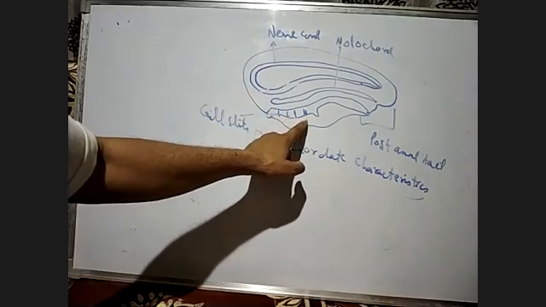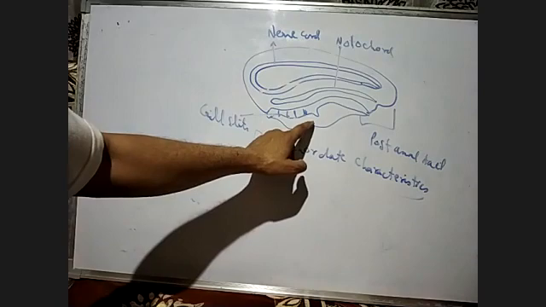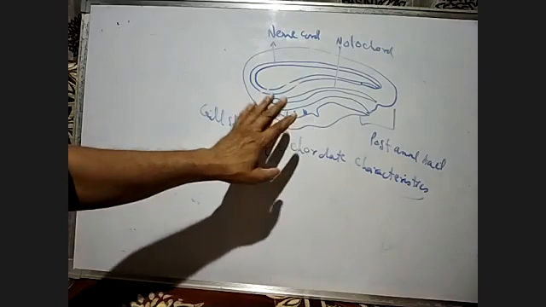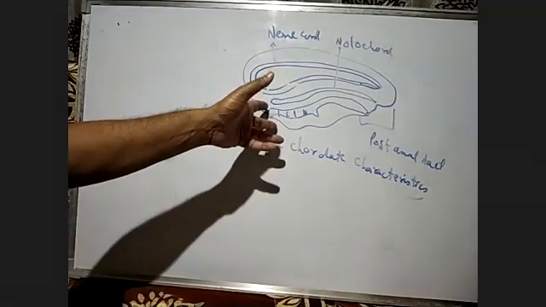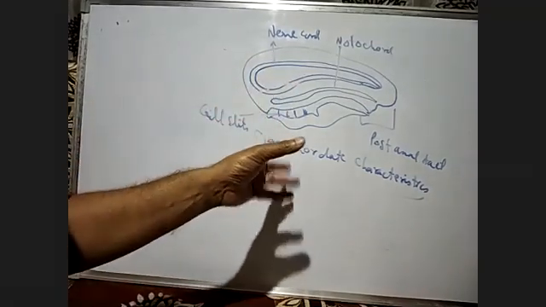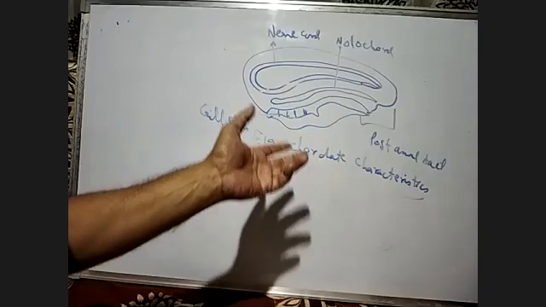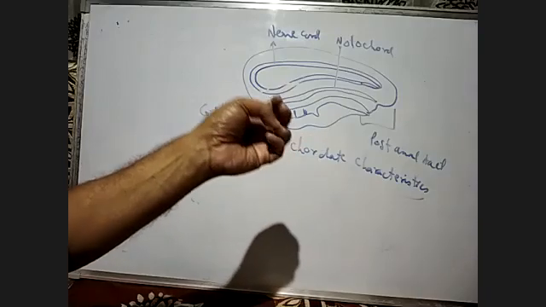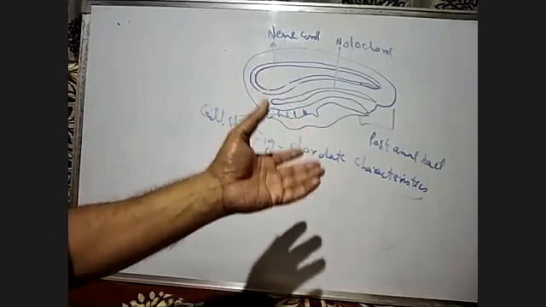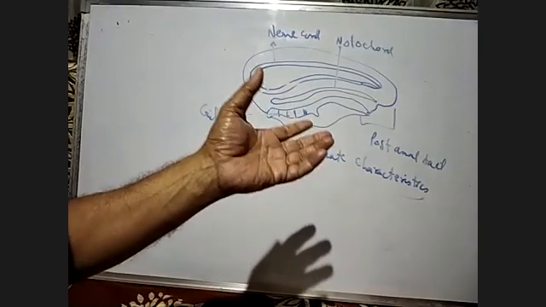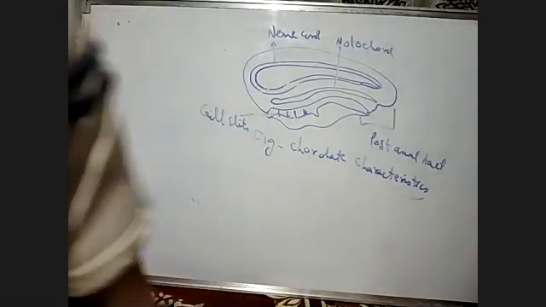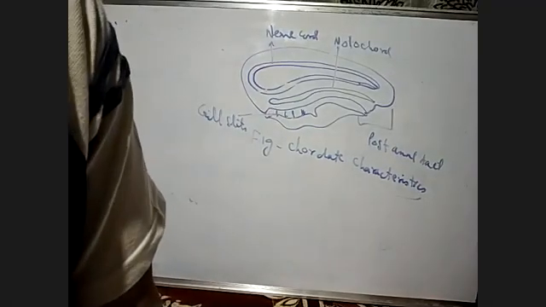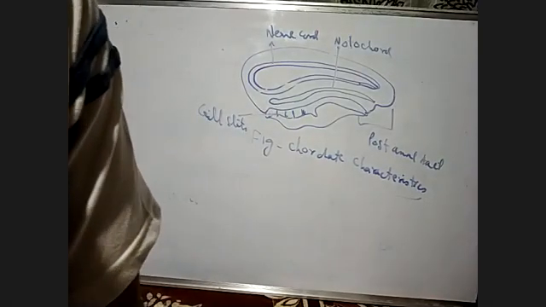All the chordates are bilaterally symmetrical, triploblastic, having three layers: ectoderm, endoderm, and mesoderm. They are coelomate, they have a body cavity inside them, with an organ system level of organization.